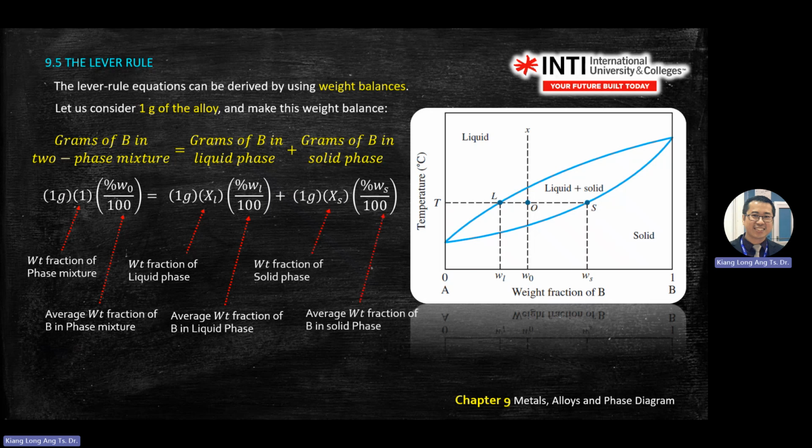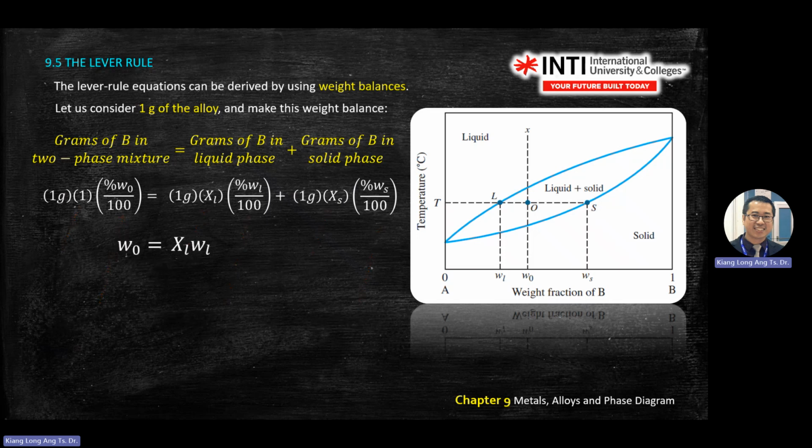Of course, in the test, you don't need to write all this. I will show you an easier one in the next 2 slides. Okay, in short, it is this one. WO means this one. It's a mixture of WL and WS. Right?